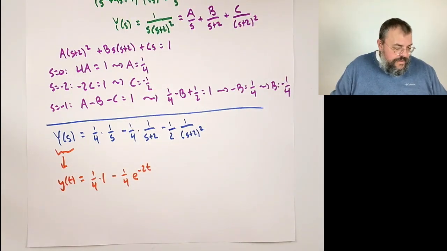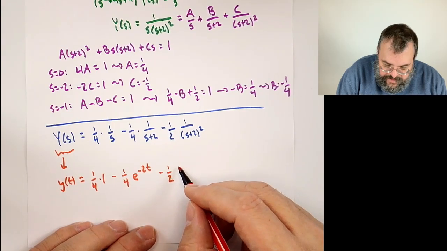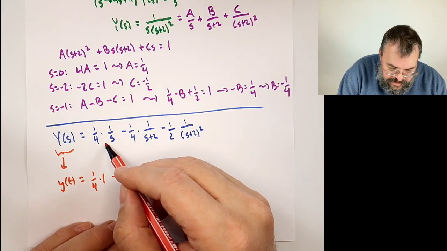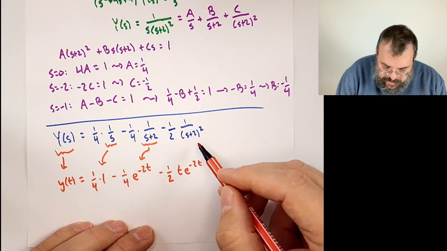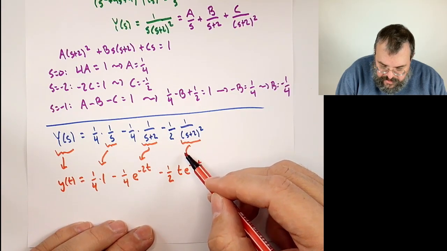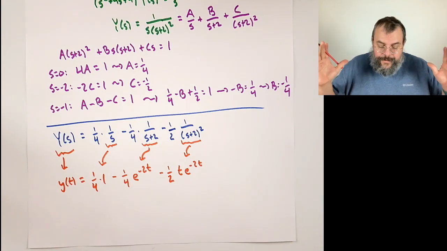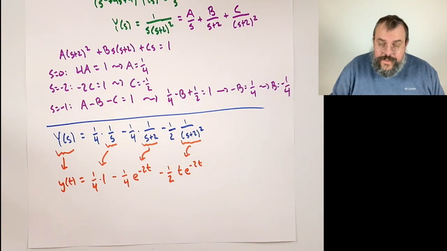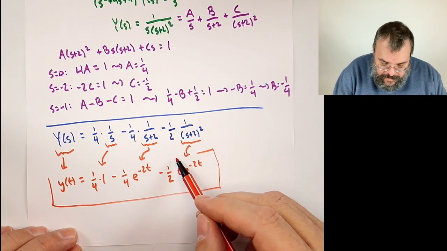So this would become minus 1/2 t e to the minus 2t. So again, the 1 over s is 1, the 1 over s plus 2 is e to the minus 2t, 1 over s plus 2 squared is t e to the minus 2t. And now, what do we do? The answer is we box it because we're done.